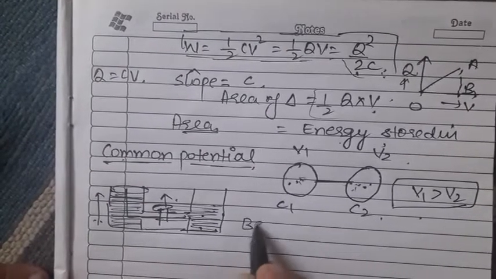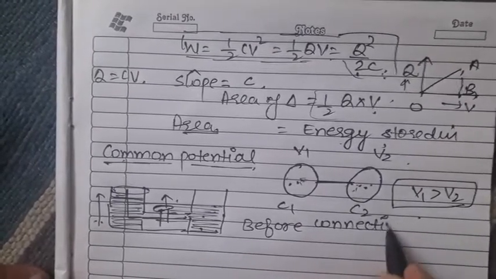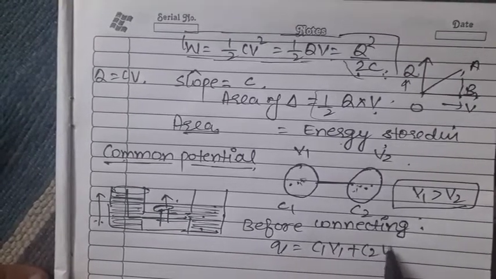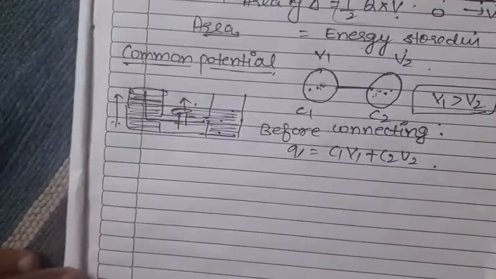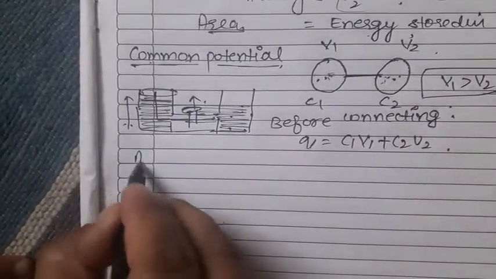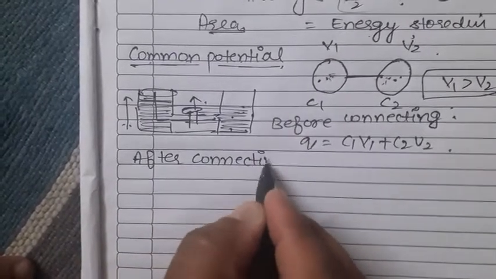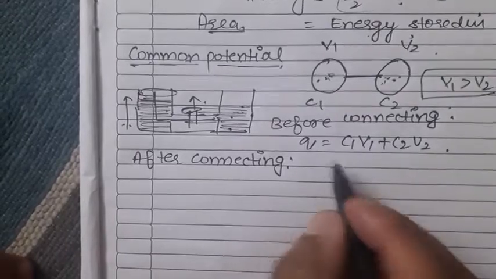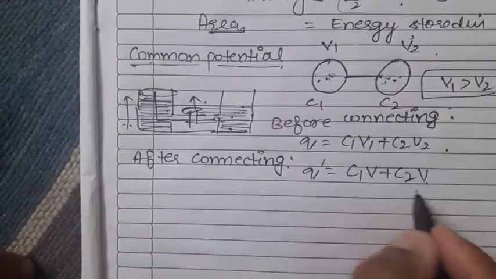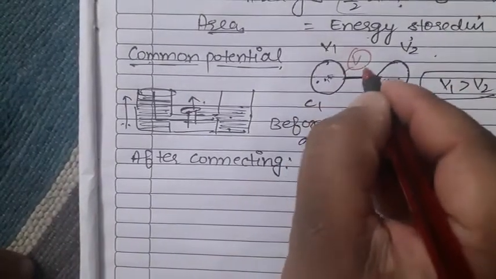So before connecting with each other, what was the total charge? C1V1 plus C2V2. What will be the total charge after connecting? After connecting, the charge becomes C1V plus C2V. Why is it V? V is the common potential which these two conductors will attain.